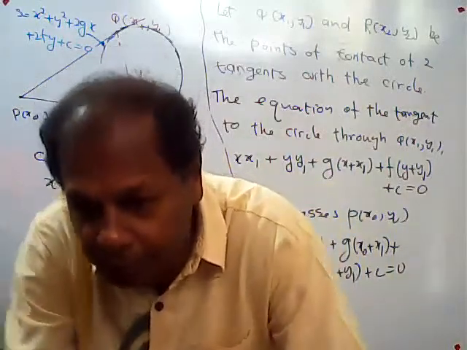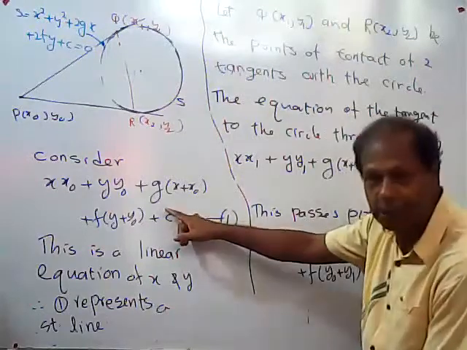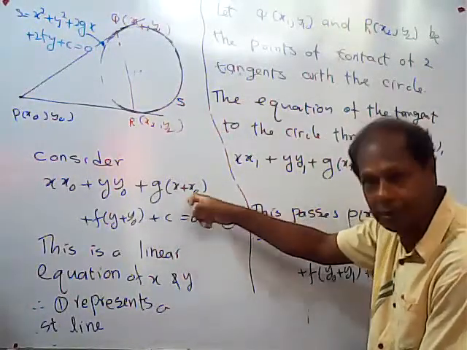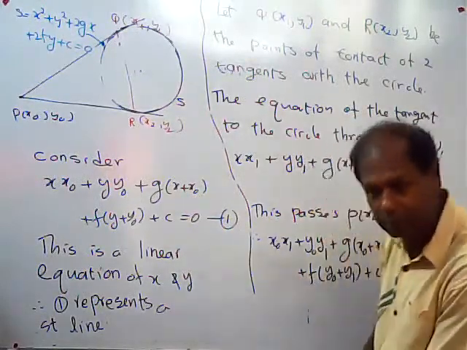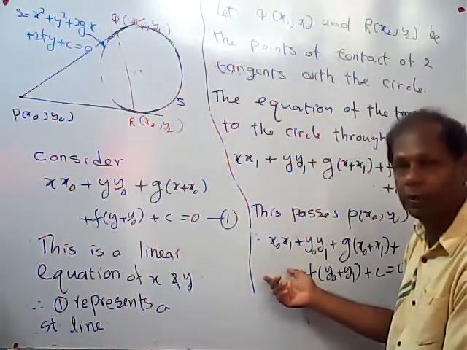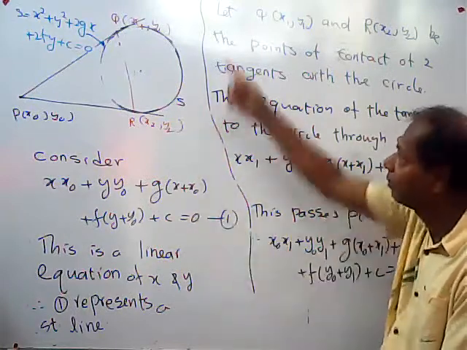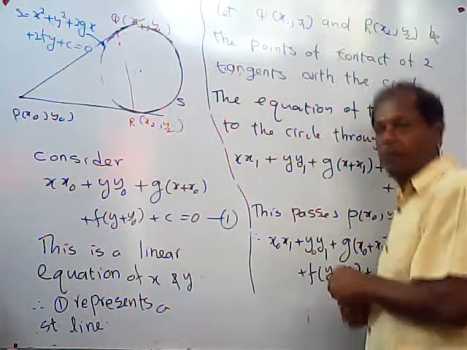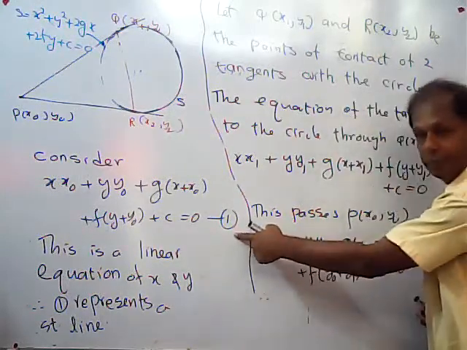The chord passes the point Q, not the chord. Yeah, this straight line, whatever it is, this straight line passes the point Q. Yeah, that's what we take. That sense is correct. So now we can conclude that this straight line, whatever it is, it should pass the point Q. Was that clear, everybody?